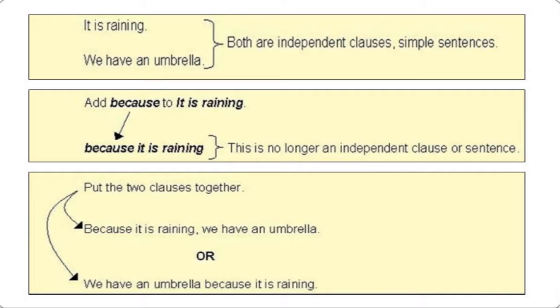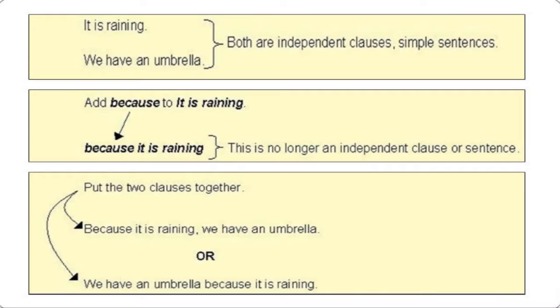So you can actually construct it to have the independent clause first. We have an umbrella because it is raining. If you look at these two examples, do take note of the structure.